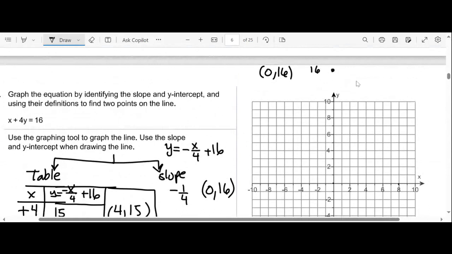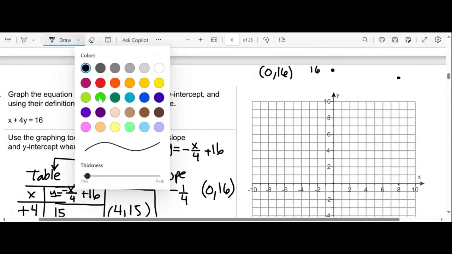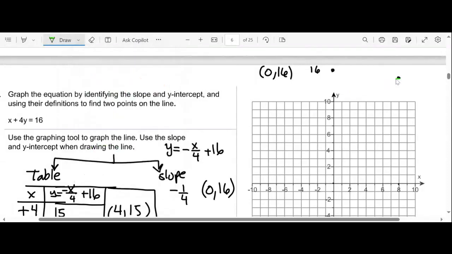So where is 14? Here, like this. And then you connect the two points with a line. Is this clear? That's it.